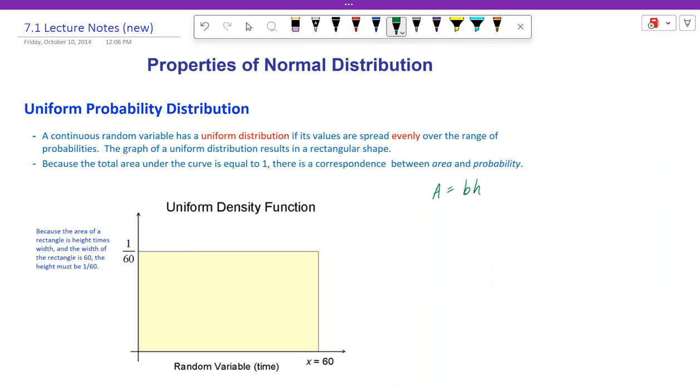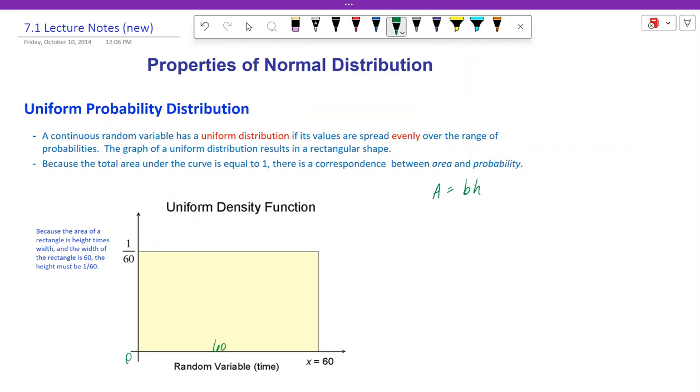So if we are looking at this uniform density function here in yellow, and we define some random variable time to last between 0 and 60 minutes, so 0 over here on the left, the smallest number, all the way up to 60 minutes on the right, the largest number, I can calculate the area of this yellow square by understanding the size, the length of my base. So my base has a dimension of 60 units.